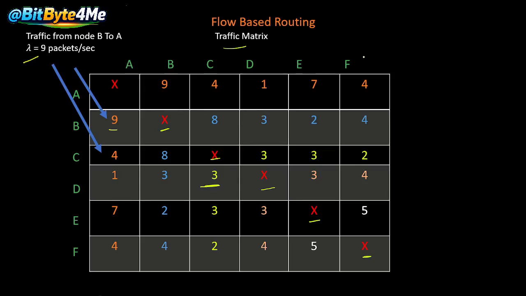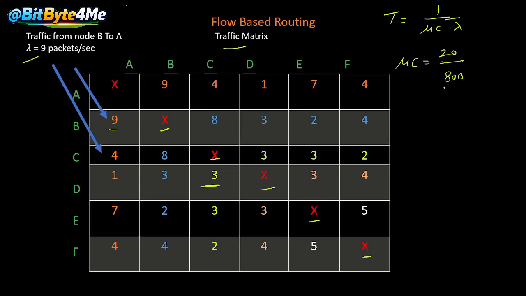As we know, the time delay T is equal to 1 over (mu C minus lambda), and mu C we can calculate because C is the capacity of the line, which we have taken as 20, and 1 over mu is the packet size.